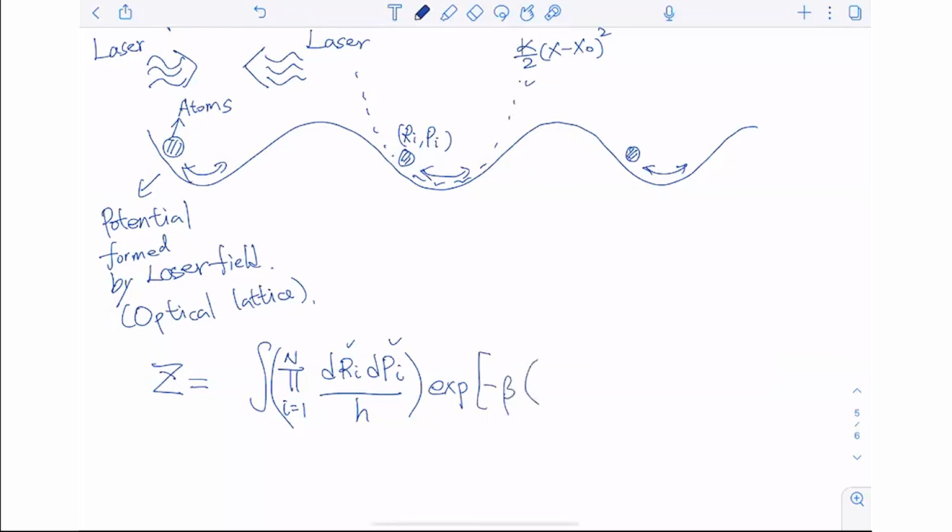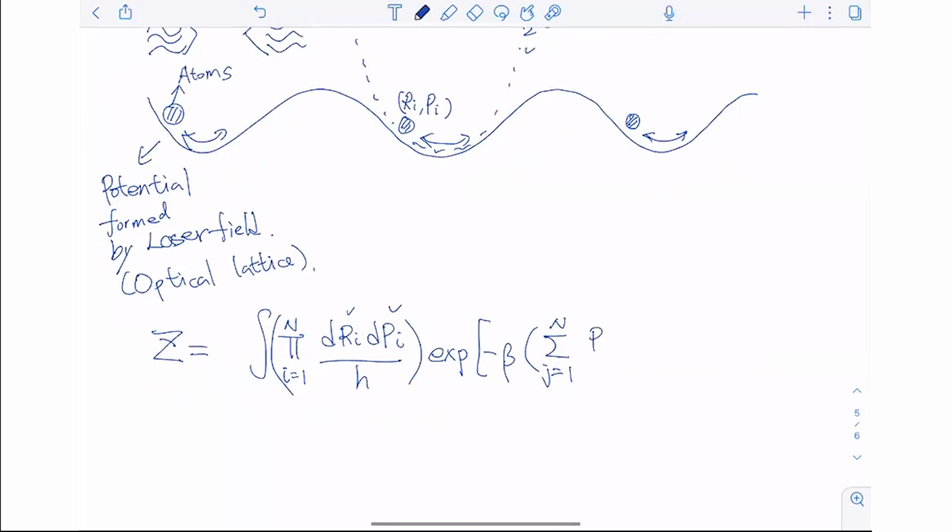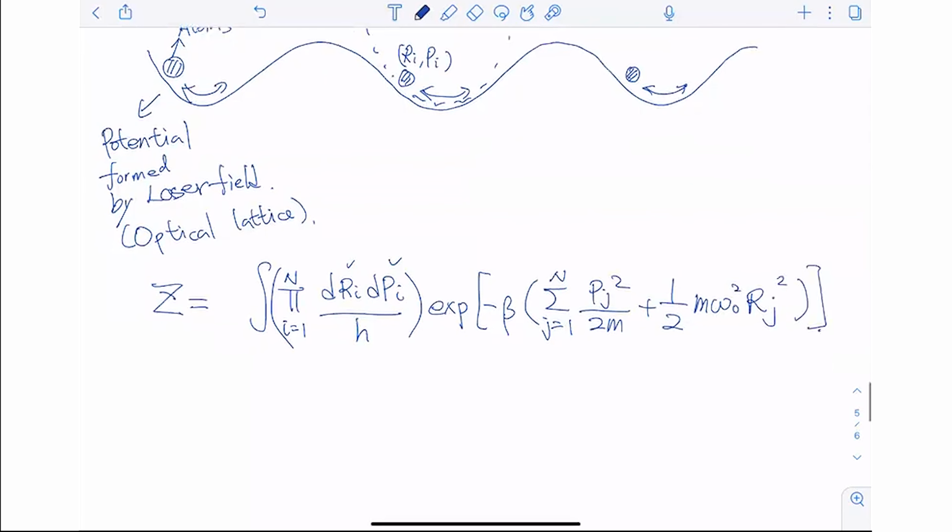Then we will get the corresponding partition function. Here I'll use j to represent the label for the particles. So this is the partition function for this system.